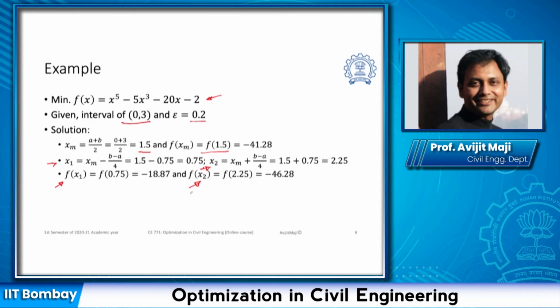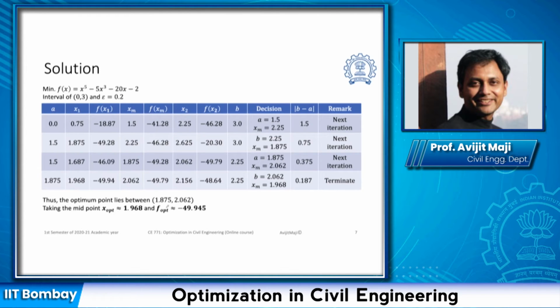Now once we know this, we compare and eliminate a certain region, and we also check whether my new boundary is within the precision level we had decided, which is 0.2. If not, we continue the process again and again until we reach there. So if we have to solve this problem, we can see the results in a tabular format. As I said, this is my objective function, my interval, and the precision level we intend to achieve.